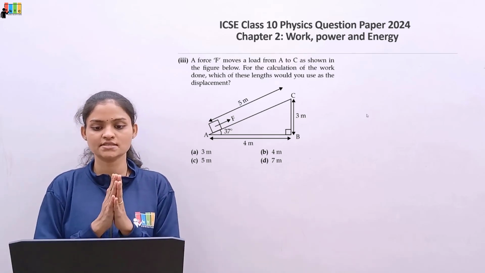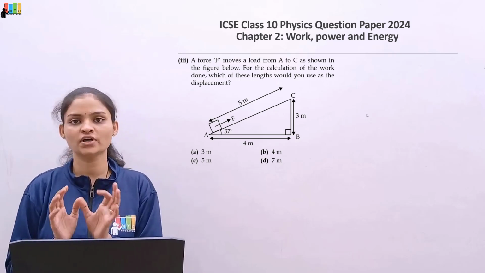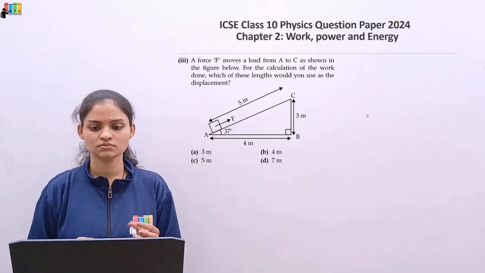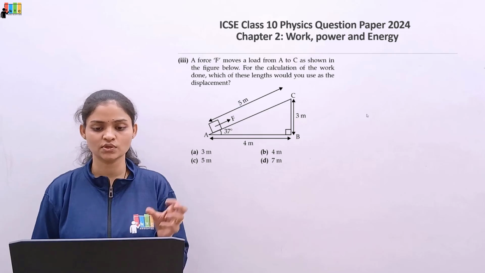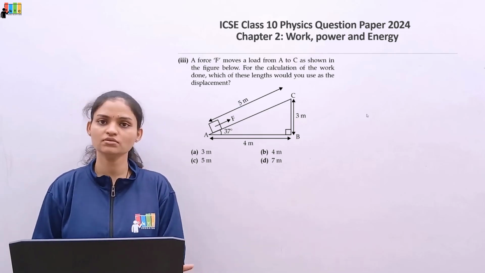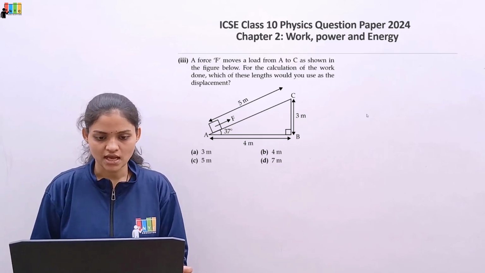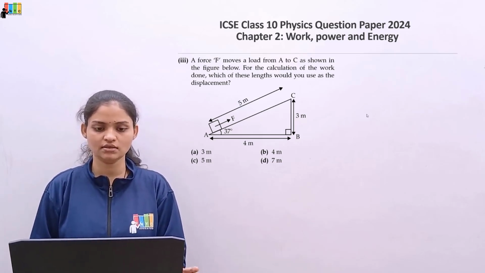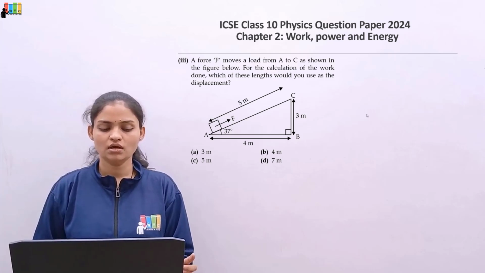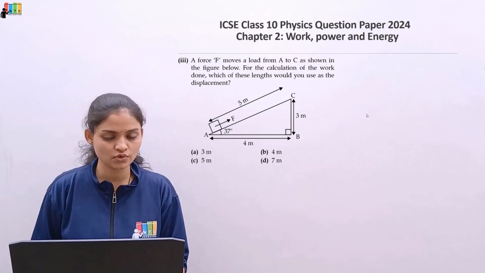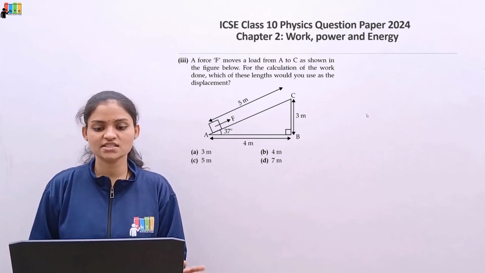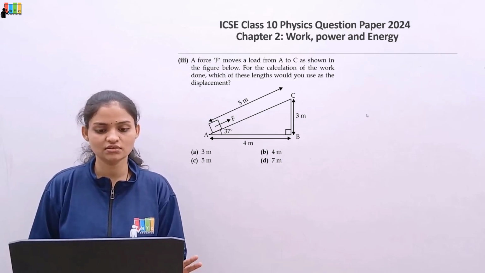Now, this question is based on work done. What is asked? As you can see, we are providing some force on that load. Three sides of the triangle are given.